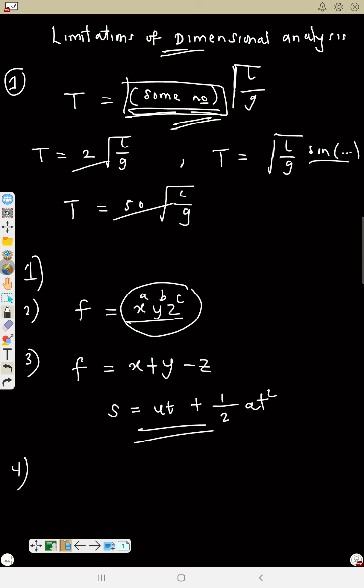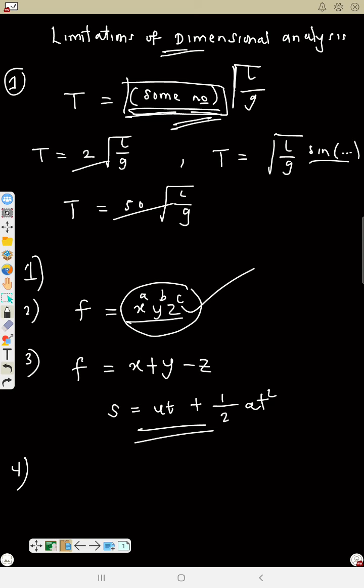So number 4, this method will not work if a quantity depends on another quantity as sine or cosine, logarithm or exponential relation. This method works only if the dependence is by power function, as we are multiplying by power to get our derivation. We equate the powers of MLT, hence we get only 3 equations.